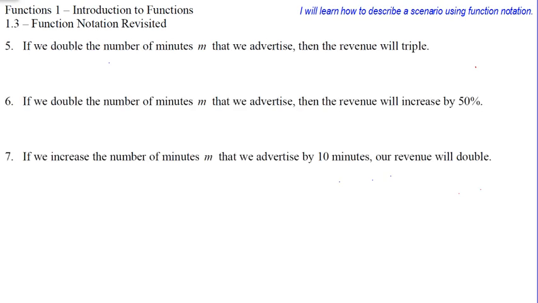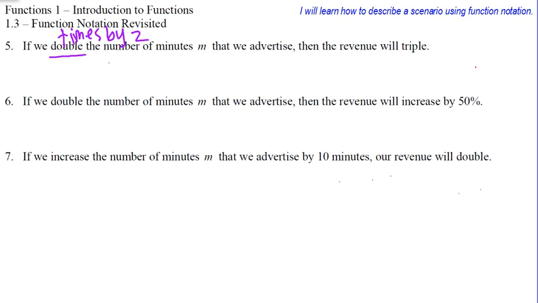Moving on. Let's have more examples. Okay? If we double, here's that double again, times by 2. If we double the number of minutes, we're not doubling the revenue anymore.